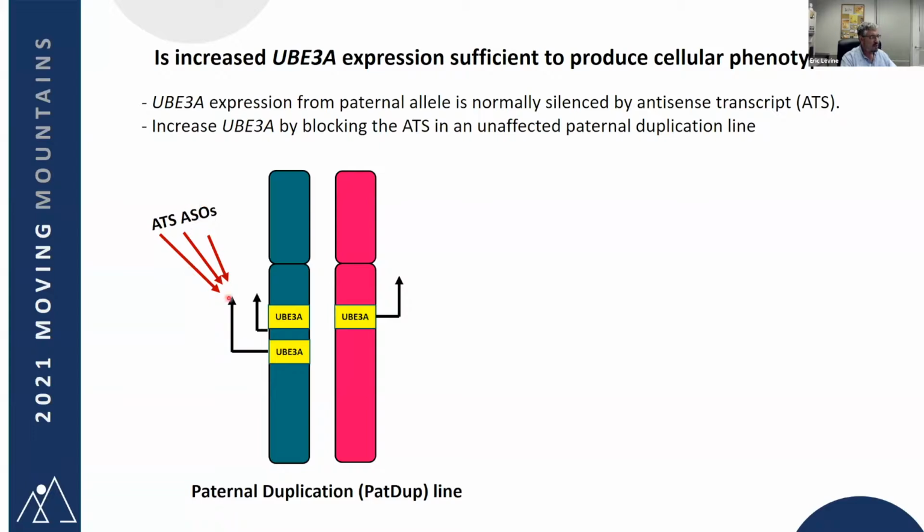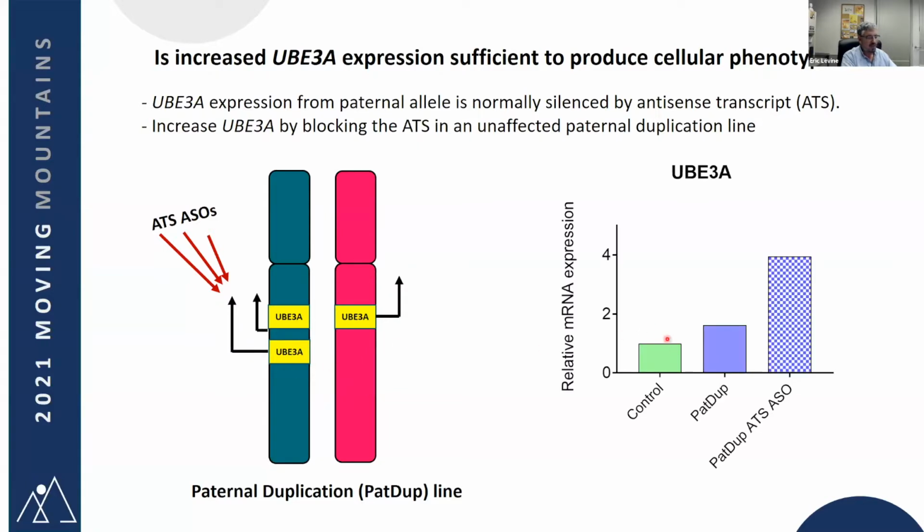So we use the ASO, we block the antisense transcript, and now we're going to have 2 extra copies of UBE3A being produced, which again will mimic the case with the IDIC15. And again, some validation from work done in Stormy's lab shows the level of UBE3A in the path Dup by itself. When we add the ASO and we unmask, we produce an increase in gene expression of UBE3A that's similar to what we would see in an IDIC line.